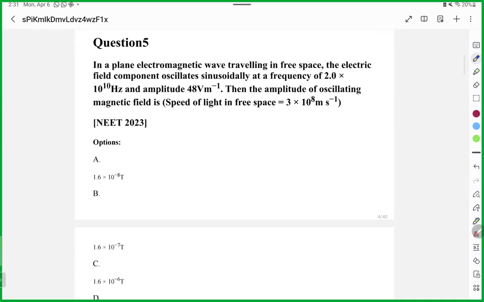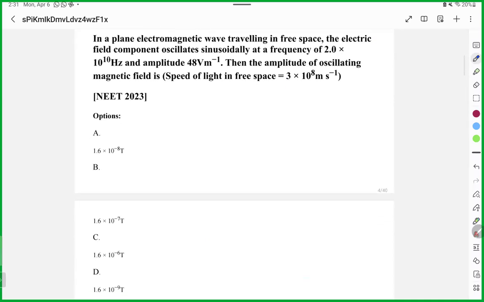Next, Rayan. In a plane electromagnetic wave traveling in free space, the electric field component oscillates sinusoidally at a frequency equal to 2 into 10 raised to power 10. The amplitude of the electric field, maximum value E naught, is 48. What will be the amplitude of the magnetic field? One minute, sir. So the same formula, C equal to E naught by B naught. That's what I was saying.